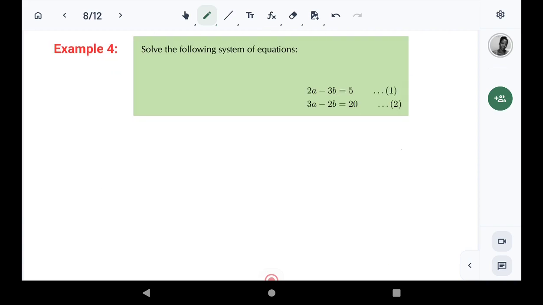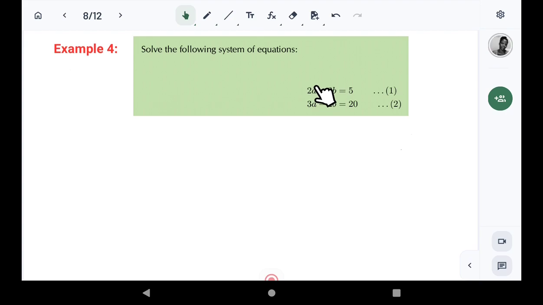Same story in this example number 4. We are still solving using the method of elimination. That is just the second example that we're going to use. Now we've got 2 equations. Notice that the b's do not have the same coefficient, neither do the a's. In this case, you choose which variable you want to make have the same coefficient.